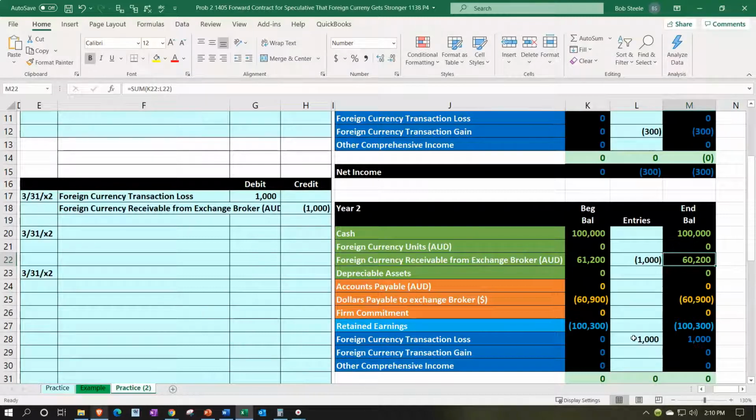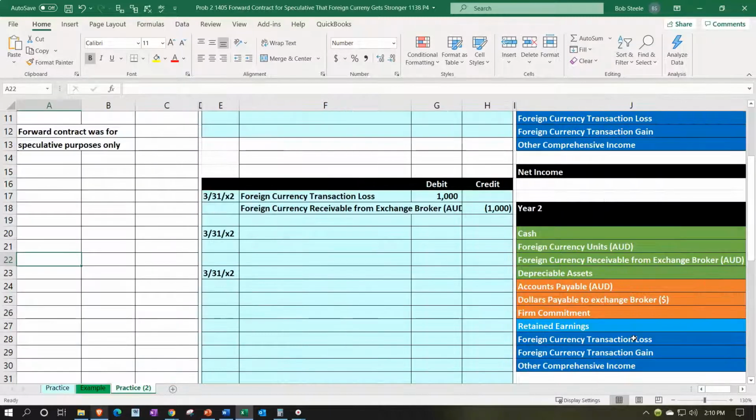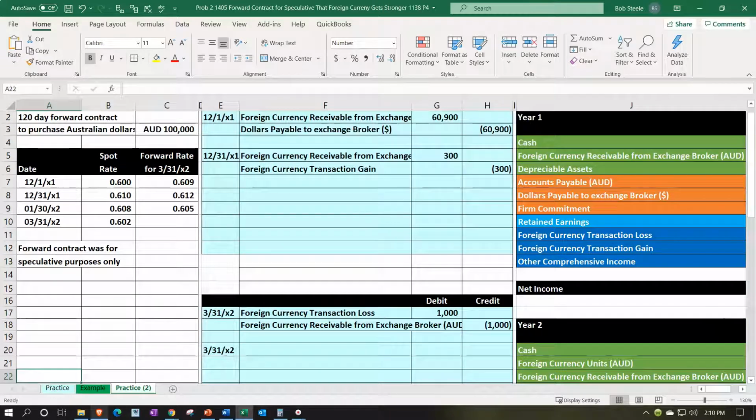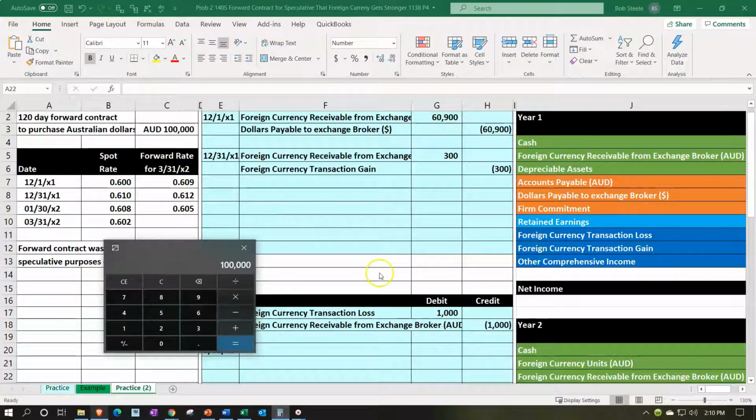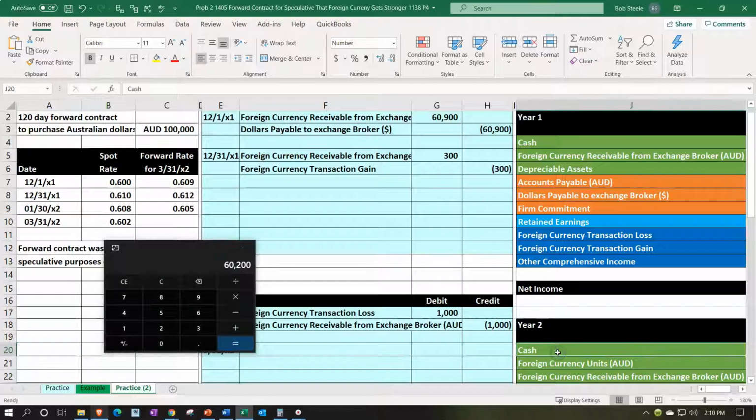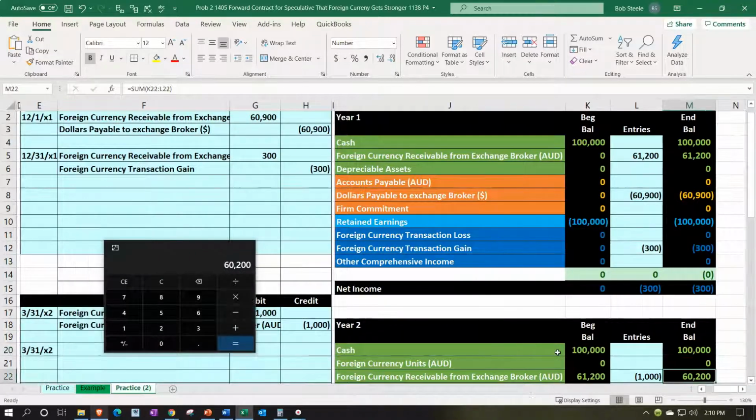Now we're at the 60,200, which once again is the amount of Australian dollars we're going to get, 100,000 times the current spot rate, because we're not using the forward rate, because now is now. So there is no forward rate because we're in the present. So 60,200.